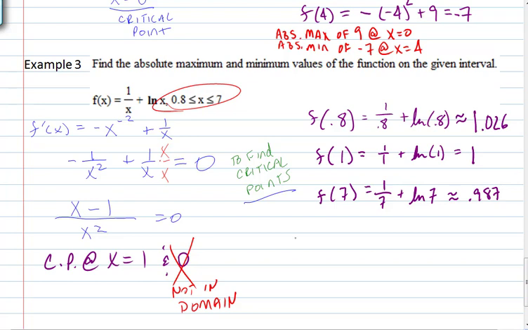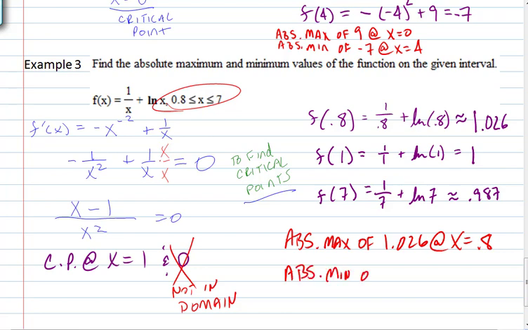Well, then that means that we have an absolute maximum of about 1.026 at x equals 0.8, and we have an absolute minimum of 0.987 at x equals 7.